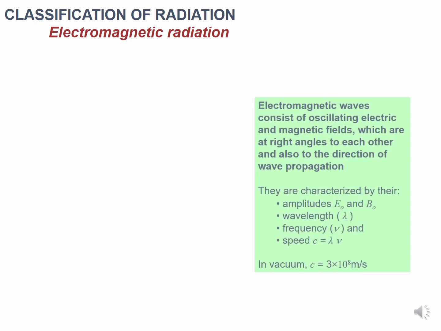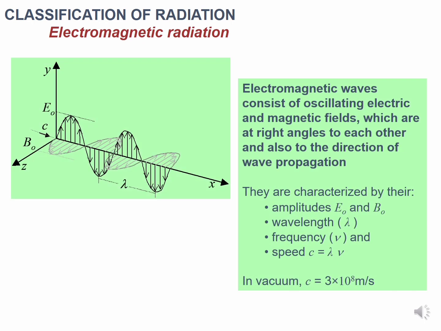In electromagnetic radiation, the electric and magnetic waves travel through space at the speed of light, consisting of oscillating electric and magnetic fields, which are at right angles to each other and also to the direction of the wave propagation.